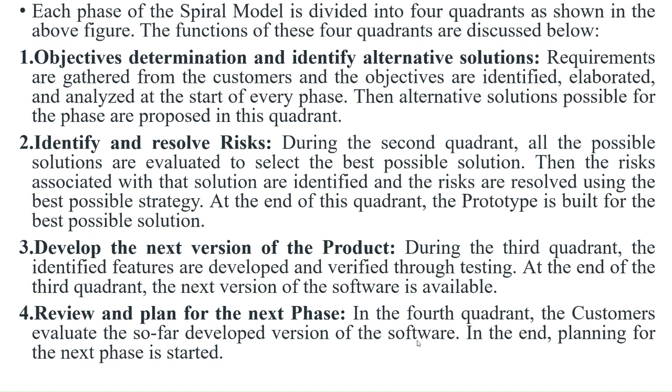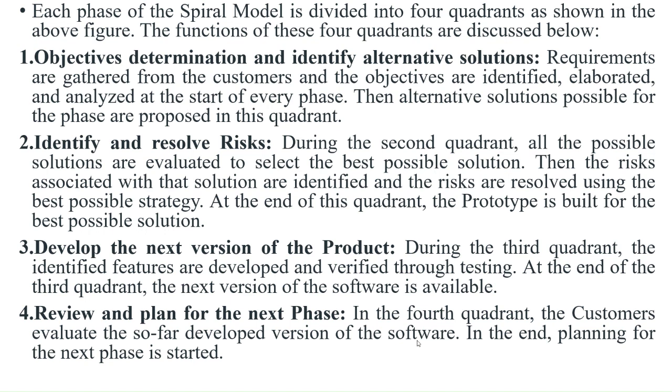Suppose we find an error in the planning stage, or requirements gathering, or any coding stage. At that point we find the error and solve it with the best solution. We are giving the best solution to that problem, which is known as identify and resolve risk.